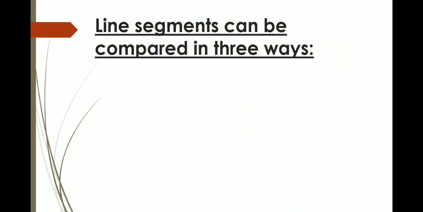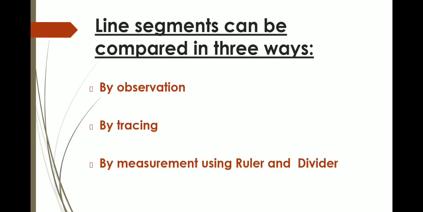Line segments can be compared in three ways: by observation, by tracing and by measurement using ruler and divider. Now we will compare two line segments to find a relation between their lengths.